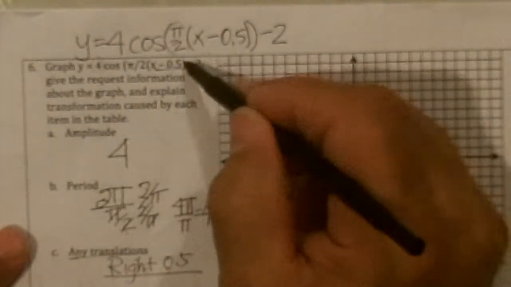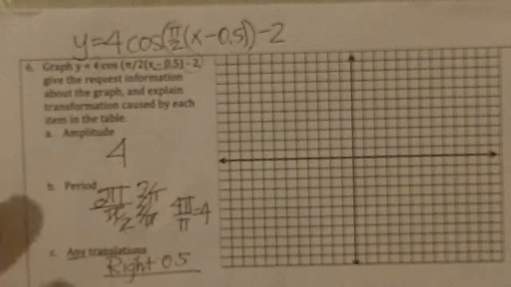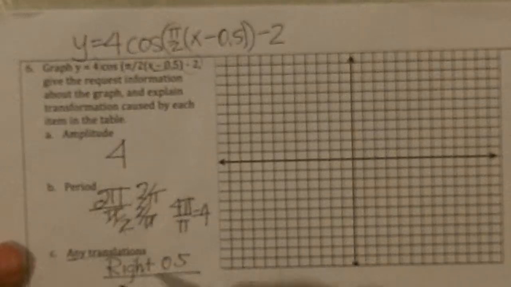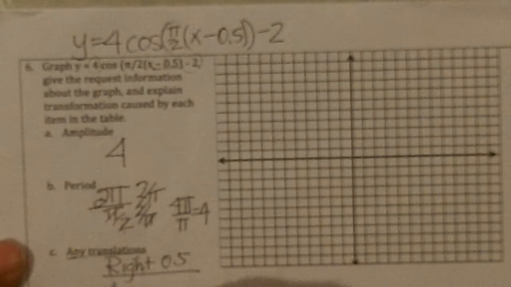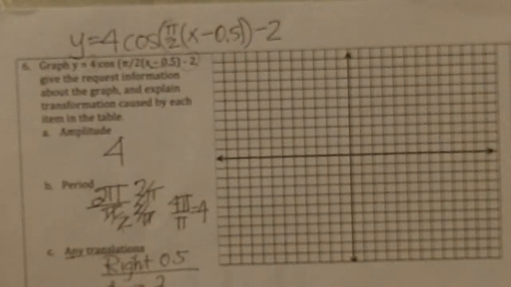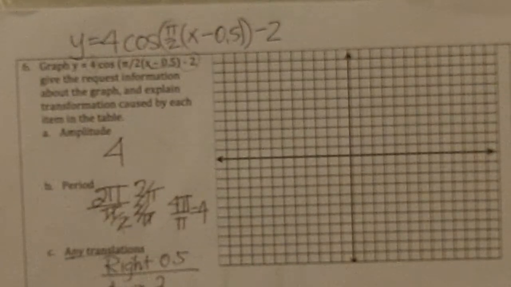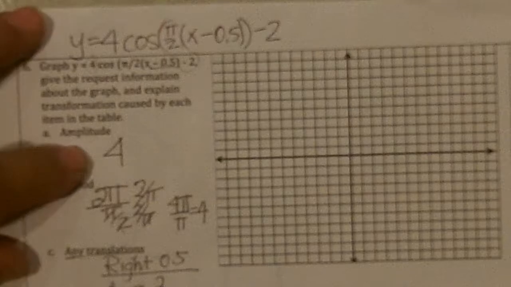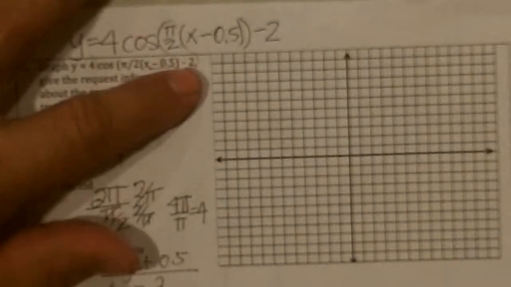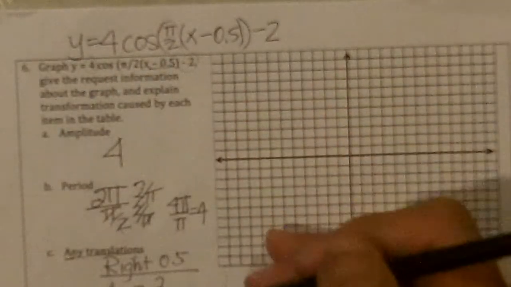And then on the outside there's a minus 2. That's subtracting 2, it's not multiplying, so that's going to move it down 2. So if the amplitude is 4 and it's down 2, the center line is down 2.